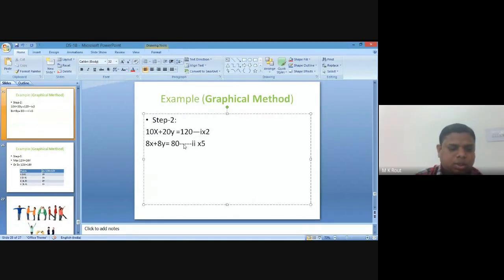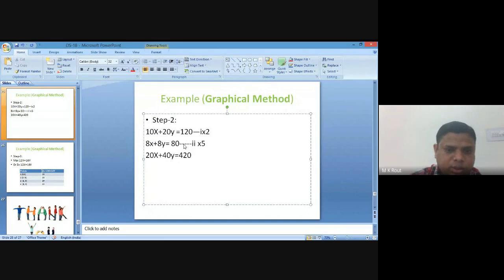So what are the equations? That is 20x plus 20y, that equals 240.